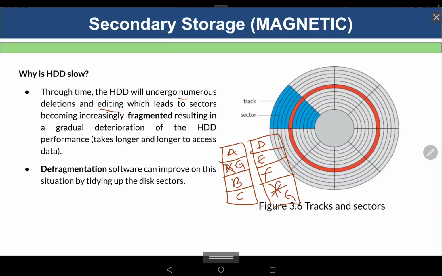Now, when the computer needs to read this data GG, it has to go through, because the data are not stored in a close or in the same place.